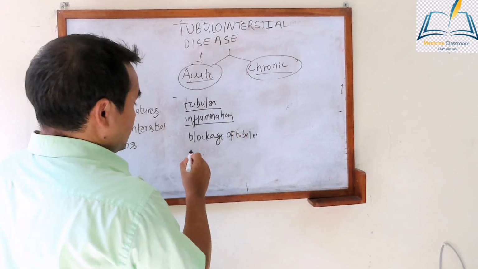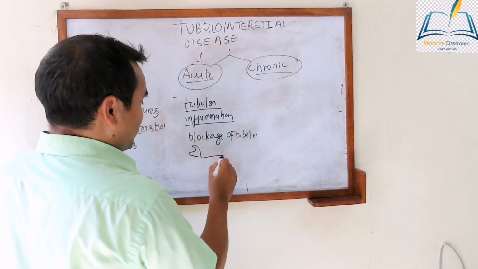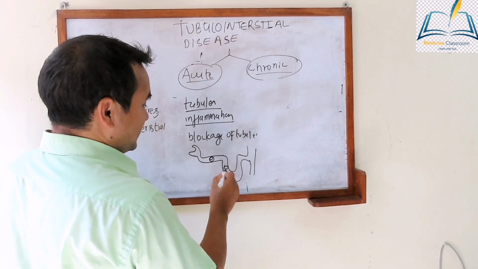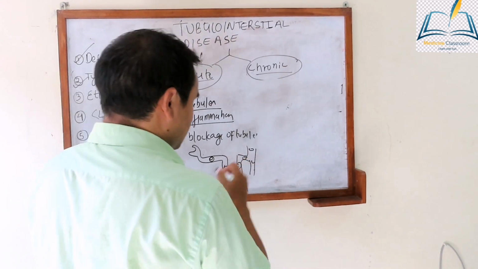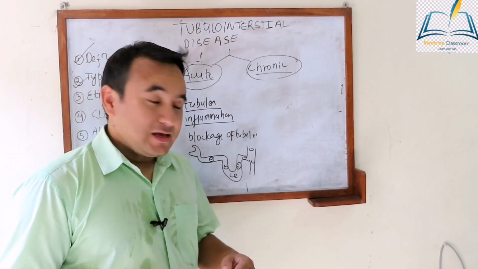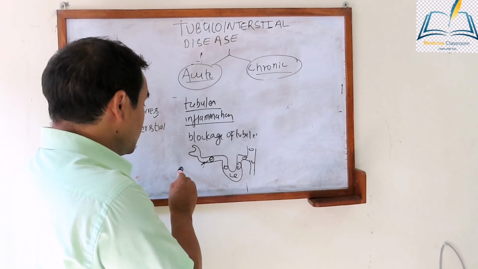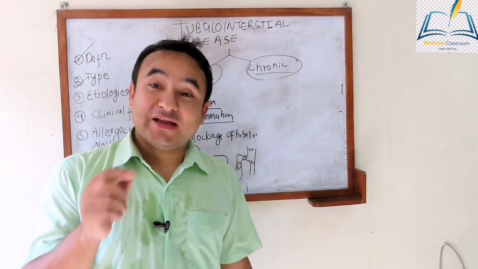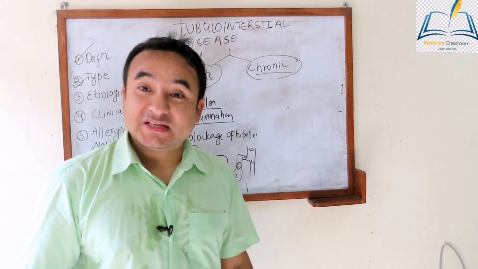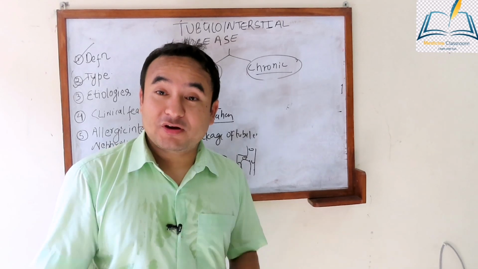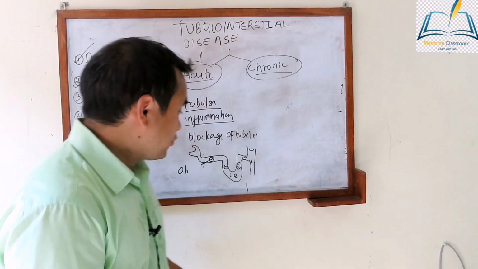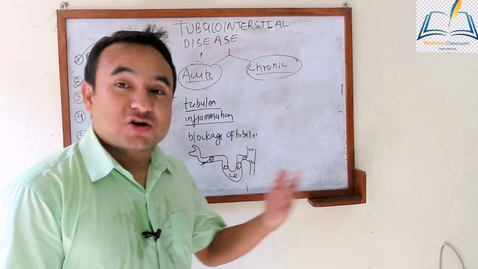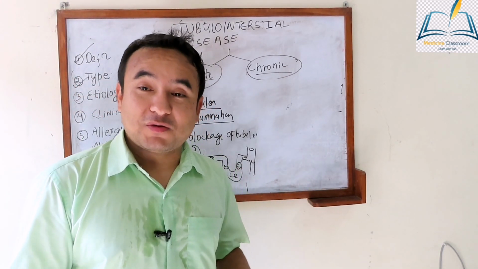If the tubules are blocked by inflammatory cells, then it can cause oliguria and even anuria. The patient can present with oliguria or even anuria in acute tubulointerstitial disease, because tubules are blocked by inflammatory cells. Another feature is that when the tubules are blocked, there can be distension of the proximal part.